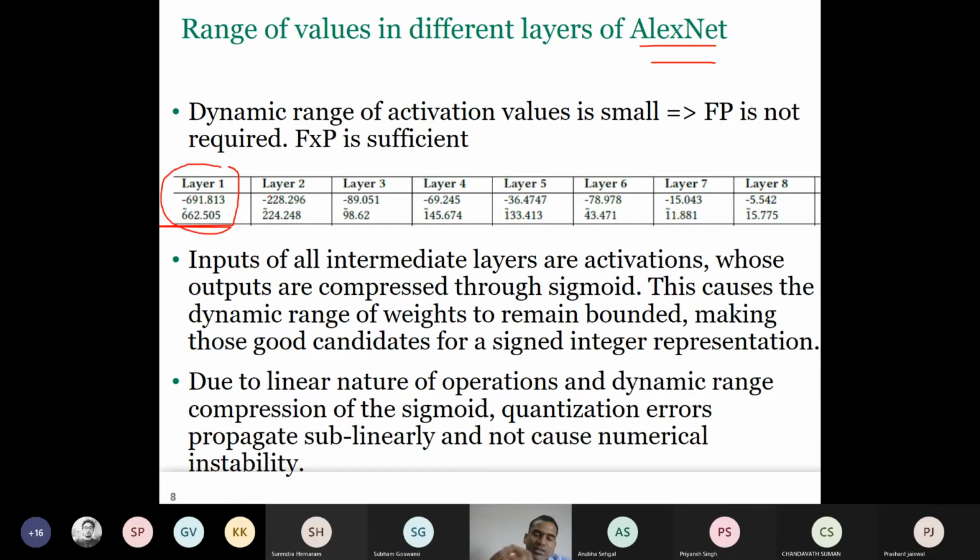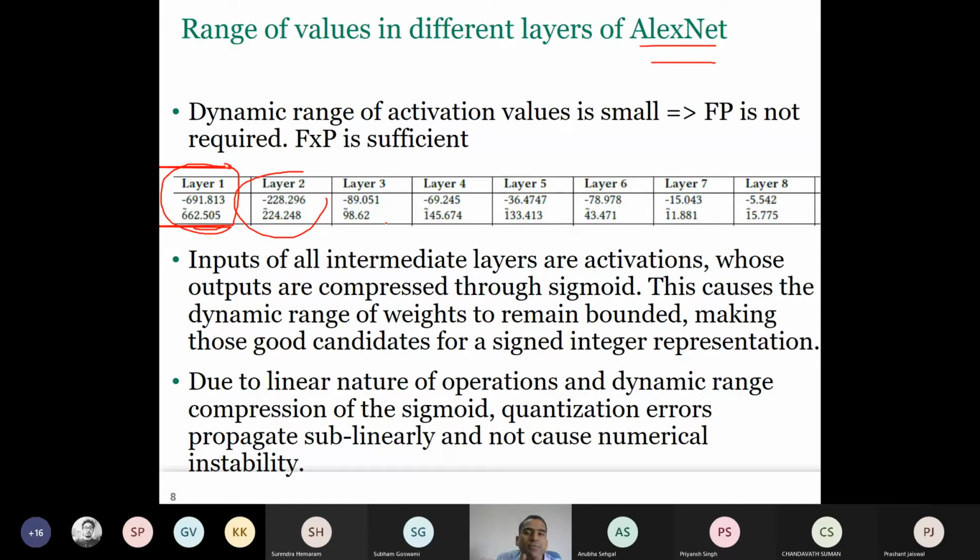That means whatever output is generated by each layer, what is the range of values? In layer 1, the values range between -691 and 662. Here in layer 2, it ranges between -228 and almost 224. So here you can see that the range of values is not very high.